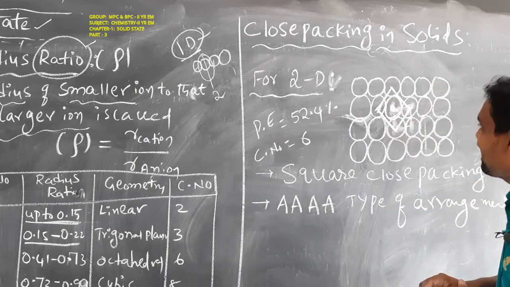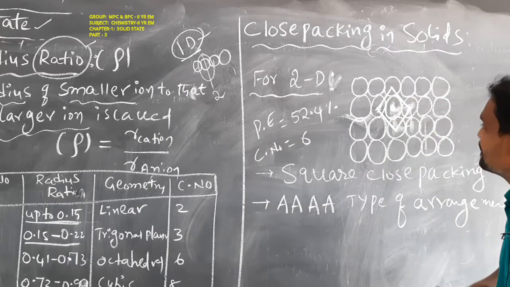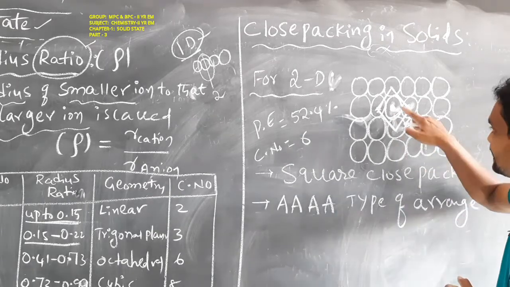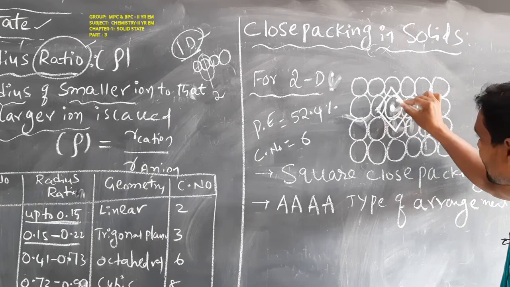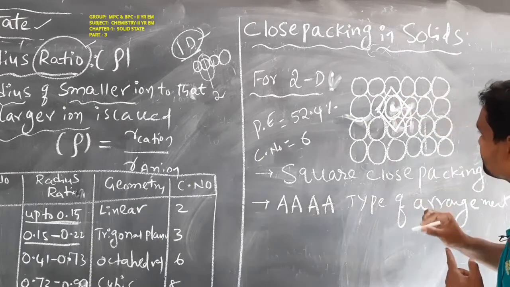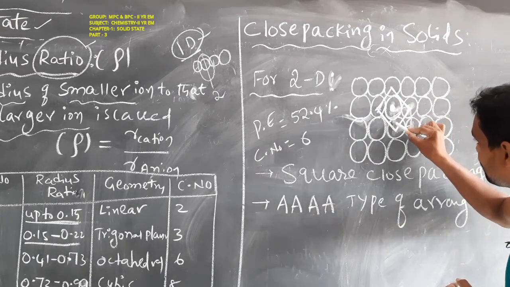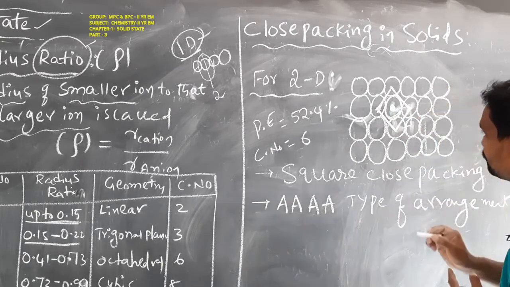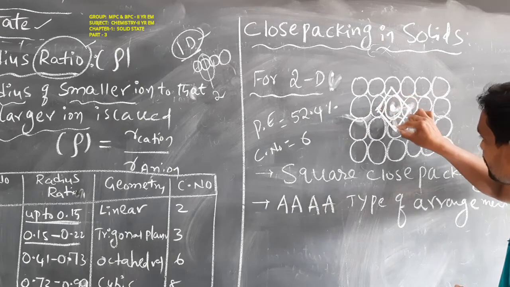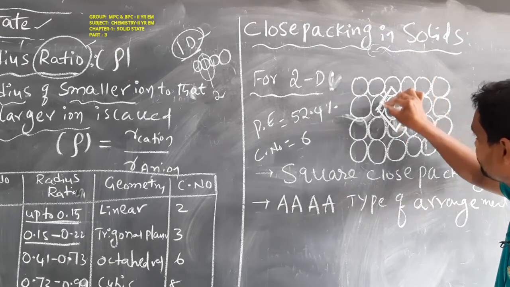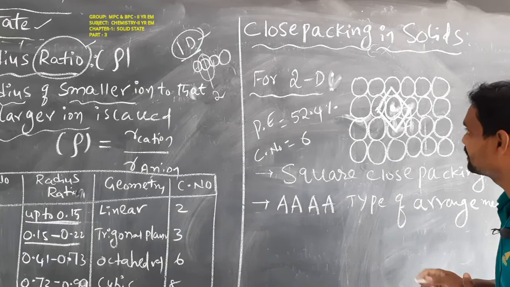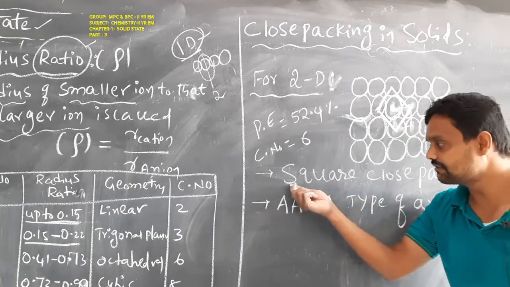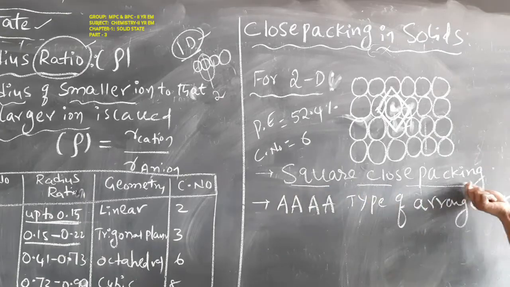Here it appears as a square model. Clear, students? Here we consider this circle atom. How many atoms touch it? 1, 2, 3, 4. So when we draw the diagram, it appears as a square. Due to that, this packing is called square close packing.